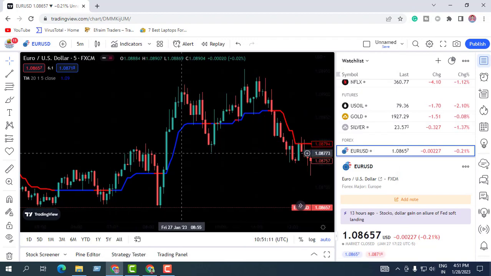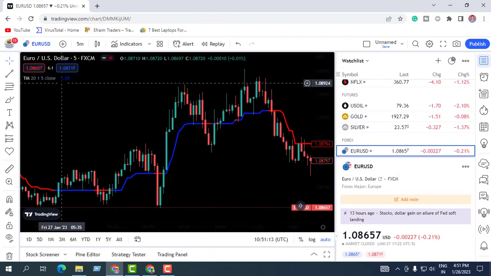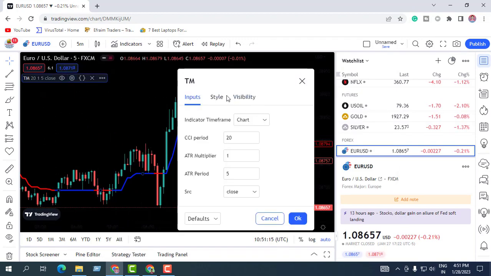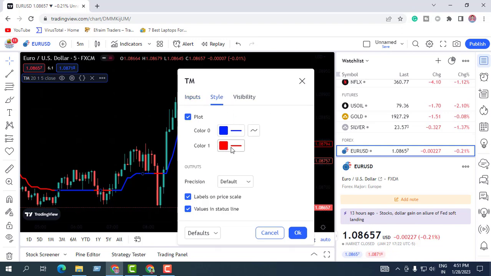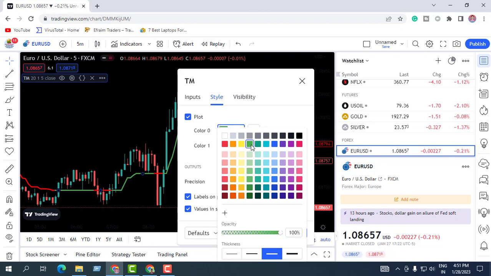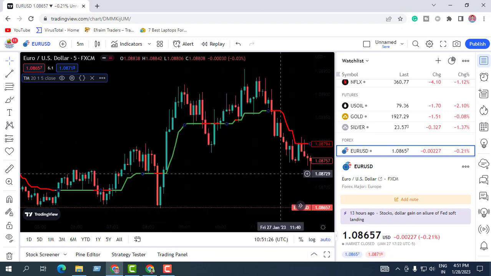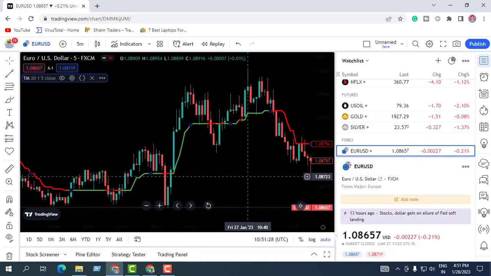Set this indicator, go to settings and style, and in color 2 set color 0 to green. Then okay. And what is the strategy?